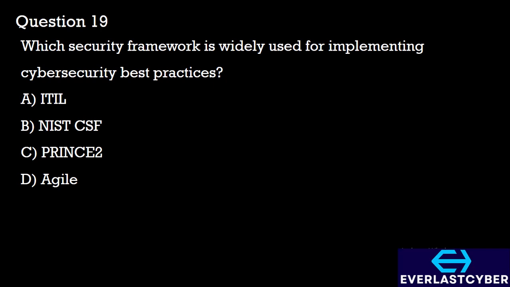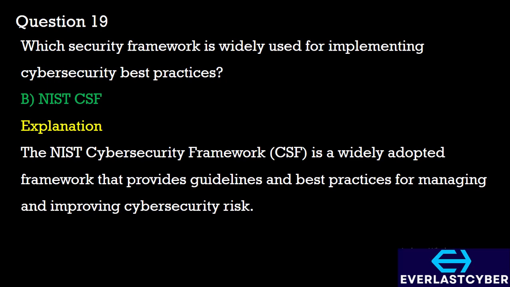While Agile is a methodology for software development that focuses on iterative progress, it is not tailored for cybersecurity practices. So the framework that is used for implementing cybersecurity best practices is option B, the NIST Cybersecurity Framework.